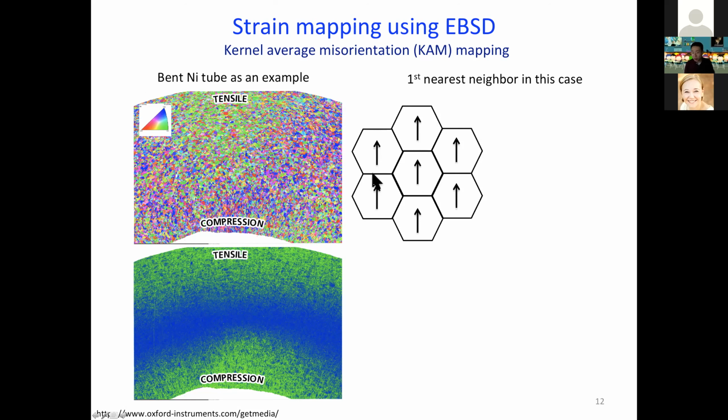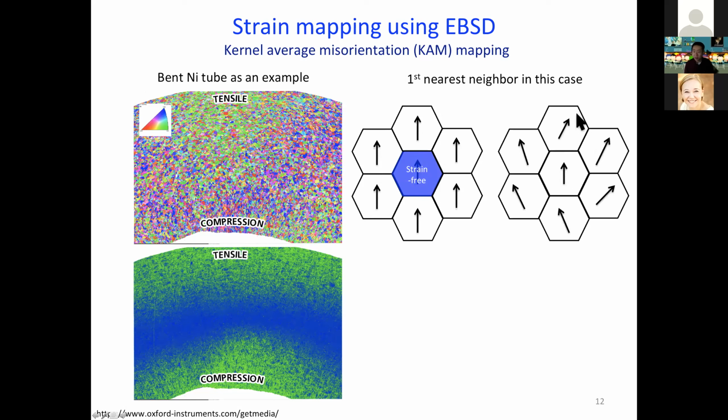In the software, usually by default, it is the third nearest neighbor. In this case, the center pixel has the same orientation as the neighboring pixels, and it will be identified as strain-free. In this example on the right, that's the pixel of interest. And around this pixel, the orientation is different. So the average Euler angle compared to this will be different, and this will be identified as a strained pixel.